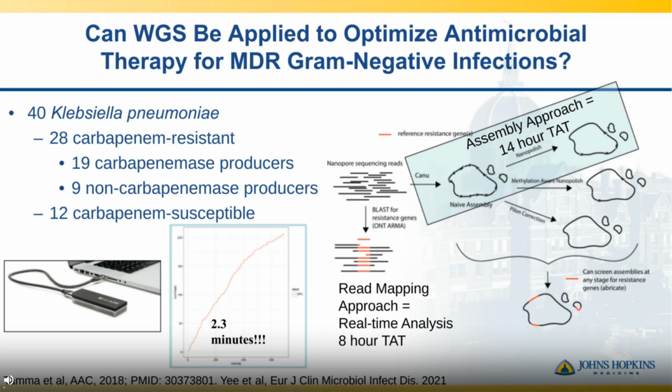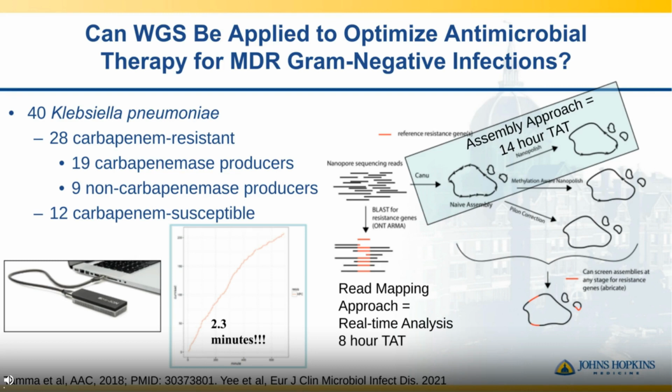And in this study, we focused on Klebsiella pneumoniae and included 28 carbapenem-resistant Klebsiella pneumoniae, 19 of which were carbapenemase producers, and 9 of which were non-carbapenemase producers, including 12 carbapenem-susceptible isolates.